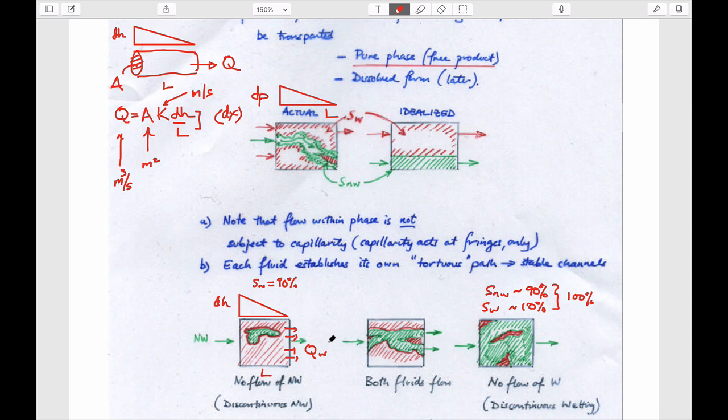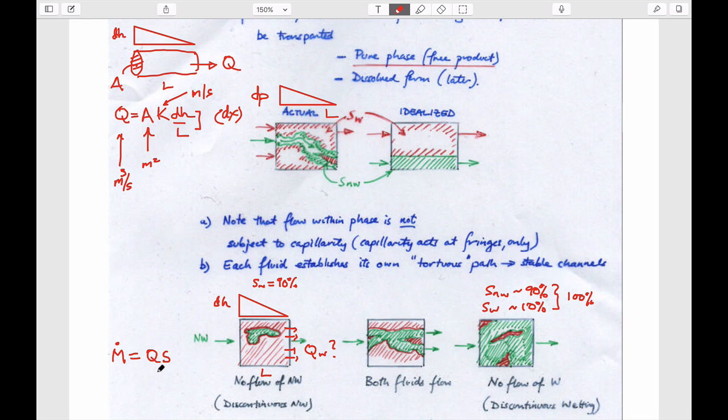So we'd like to figure out exactly what this flow rate is, because if we wanted to know the mass rate of DNAPL that comes through here, it's going to be equal to the volumetric flow rate, Q, multiplied by the concentration. And this would be the solubility, which is a concentration.